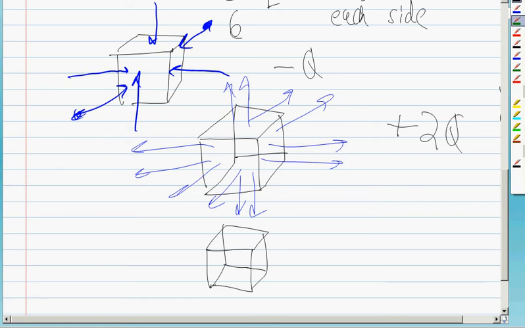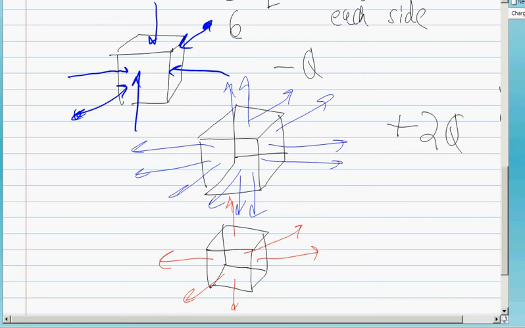And this time we have some lines coming out, and then we also have some lines coming in to all the same sides. So that goes in this side and that side. Okay, good. So I've got the same number of lines.